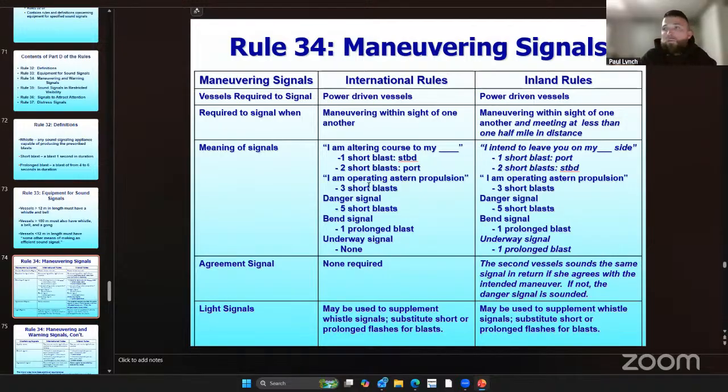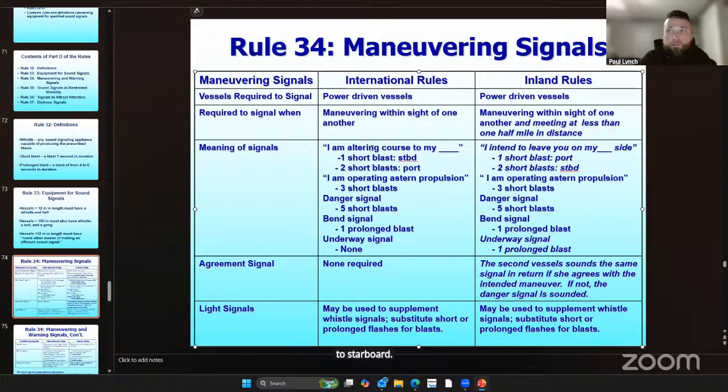It would pretty much give you this, and say international only, what would this mean? One answer would say, I am altering my course to starboard. Another would say, I intend to leave you on my port side. Then it could give you stern propulsion or one prolonged blast. So the right answer is, I am altering my course to starboard.